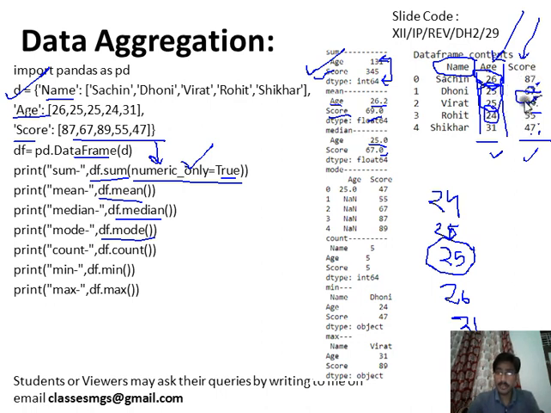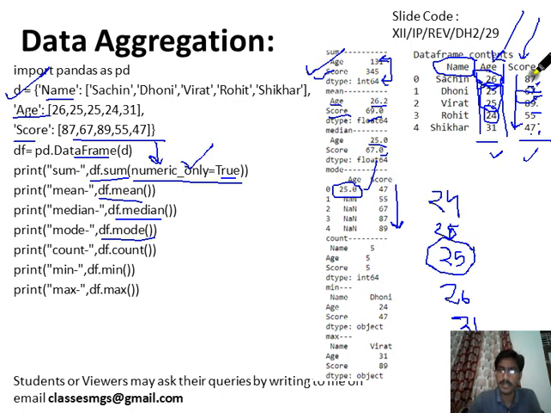In the score column no value is repeating, so the mode will not be a single value. All these values will become the mode, because no element has a higher frequency; all the elements have frequency 1. But in the case of age, the frequency of 25 is 2, that's why the mode of the age column will be 25. The number which has the highest frequency becomes the mode.